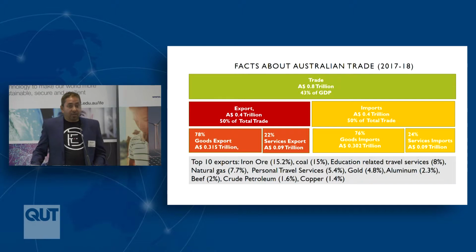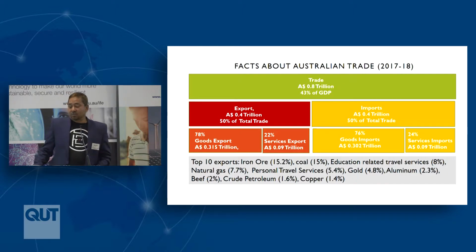If we look at export, goods export is about 78%, and services export is the rest. In terms of import, it is almost the same: 76% goods imports and 24% services imports for Australia.